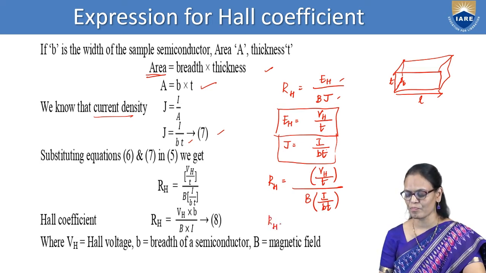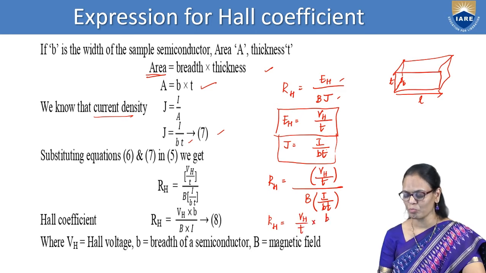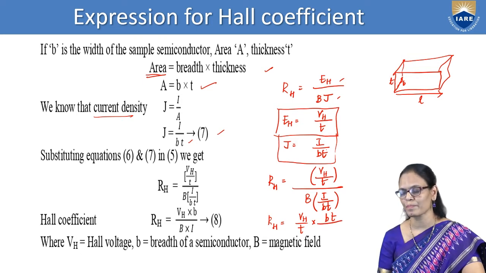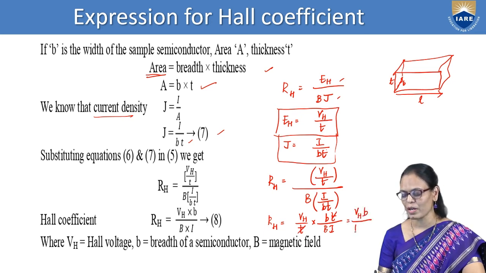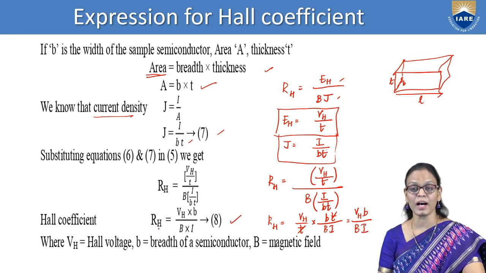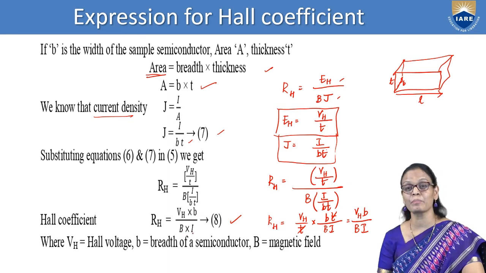Rearranging the terms, we get VH by T into bT upon B into I. Here small b represents the breadth and capital B represents the magnetic field. T and T get cancelled. We are left with only VH into small b upon capital B into I. So RH is equal to VH into b upon capital B into I. This is equation number 8.